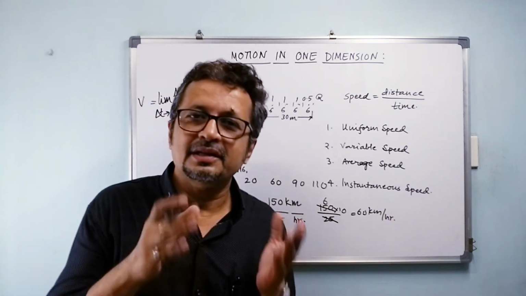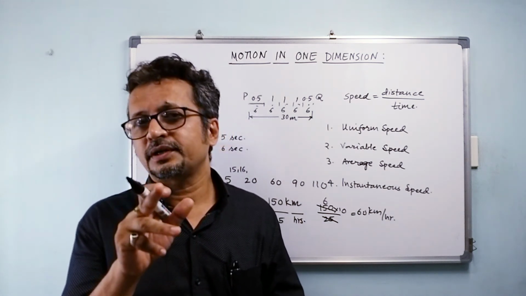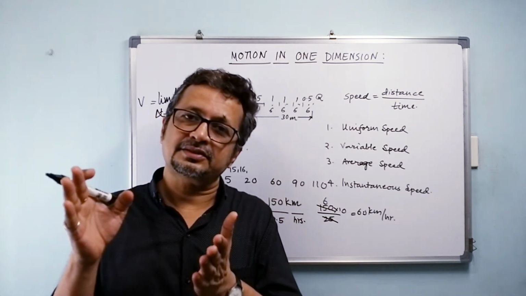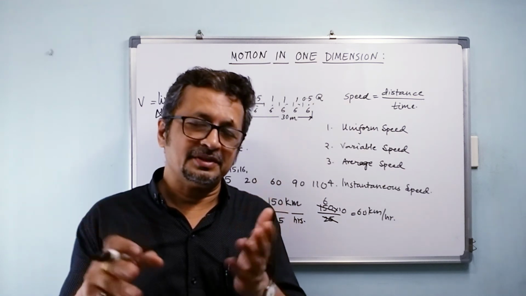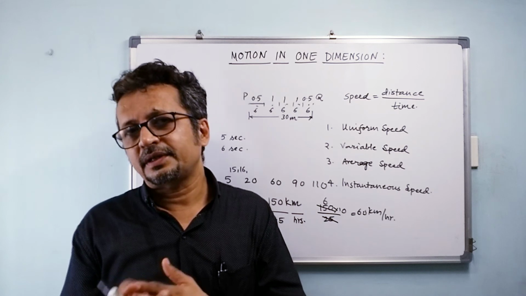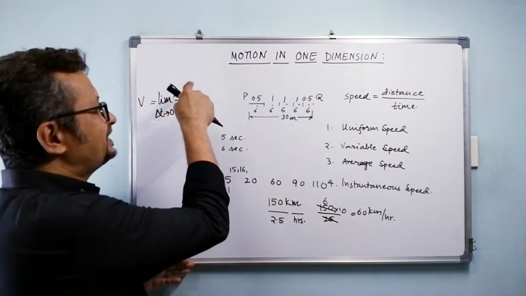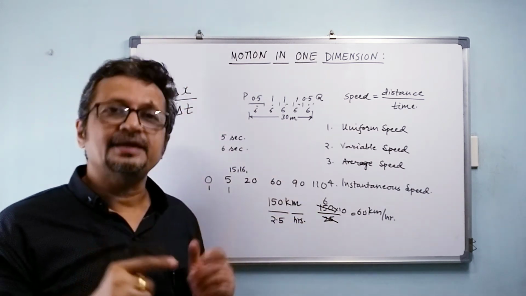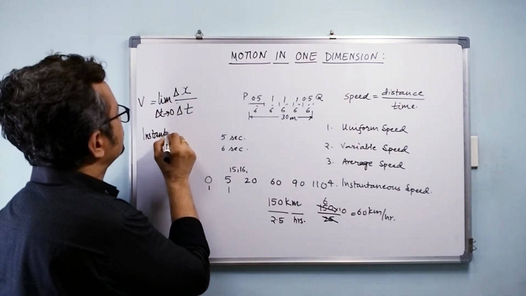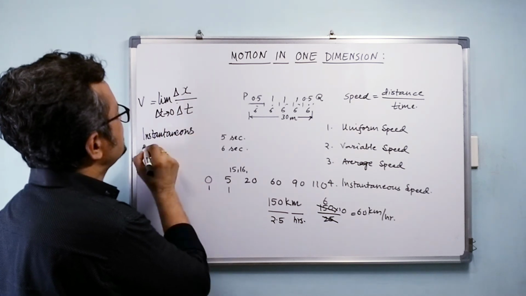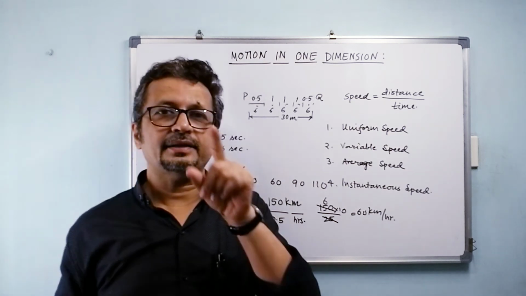That is something related to calculus. You can refer to my videos on calculus and physics. Over there you will come to know about instantaneous or infinitesimally small increments in time and distance, and that would give you a better idea about this. But for now, I would say the limit of delta x upon delta t as delta t tends to 0 is my instantaneous speed. It is speed at that instant.